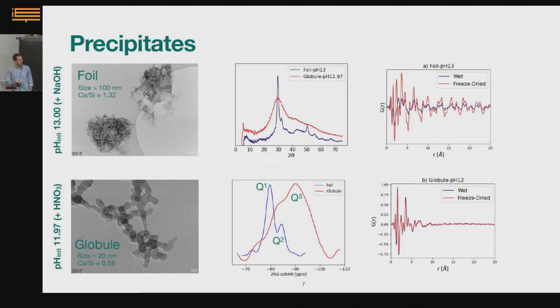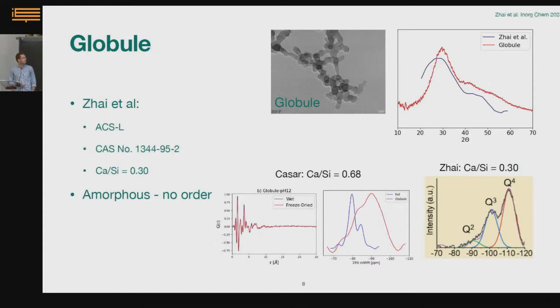And by synchrotron PDFs we can see that while CSH foil still has some mid-range to long-range order here in this part, globules appear completely amorphous after 7 angstroms. So they seem morphologically and structurally completely different. And there's a paper in Inorganic Chemistry from 2024 where they took amorphous calcium silicate, which you can just buy, it's a chemical, calcium silicate ratio of 0.3.